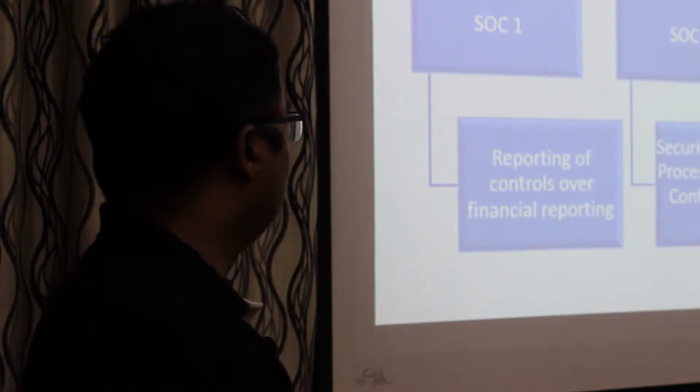Now, how it happened is that reporting requirements, reporting of controls over financial reporting. Take an example of a payroll processor. How would a payroll processor do payroll processing? He would ask for some information.